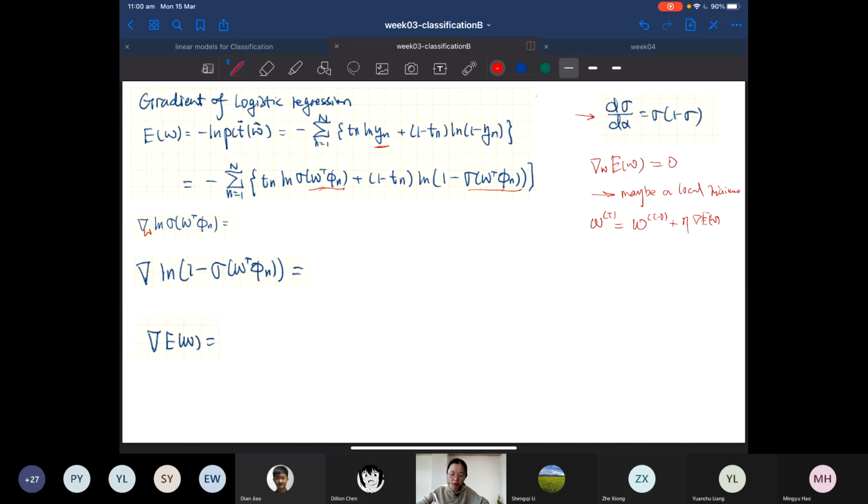So what this translates to is, due to chain rule again, the gradient of the log of something is 1 over something, so we just write it.